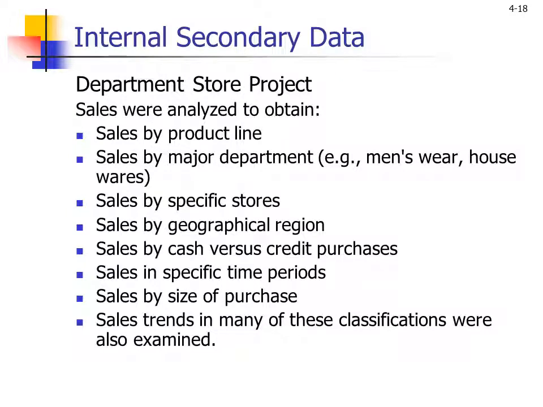Here we have some examples of the internal secondary data, like the information in the department store project. Sales were analyzed to obtain sales by product line, sales by major department, sales by specific stores, sales by geographical region, sales by cash versus credit purchases, sales in specific time periods, sales by size of purchase, and sales trends.